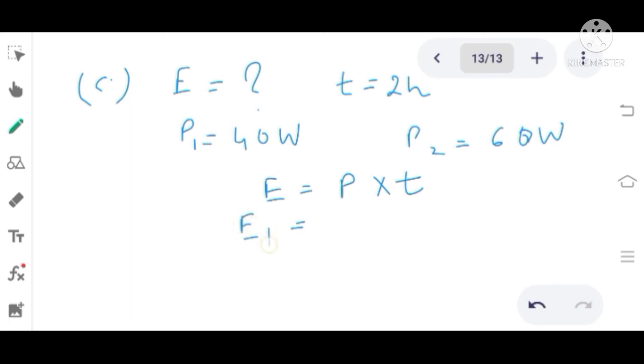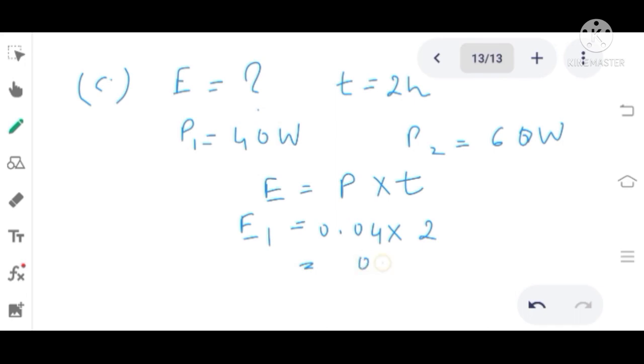One more thing you need to remember: you find the energy for the first lamp separately and the energy for the second lamp separately, and add them. So E1 is the first power into the time. Power is given in watts, which you have to convert into kilowatts since time is in hours.